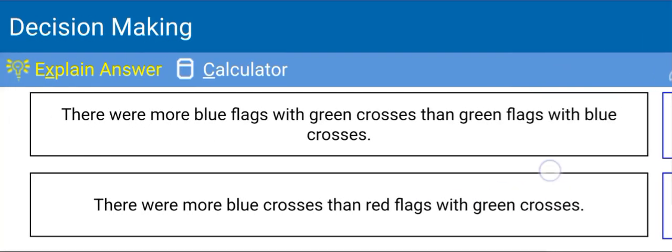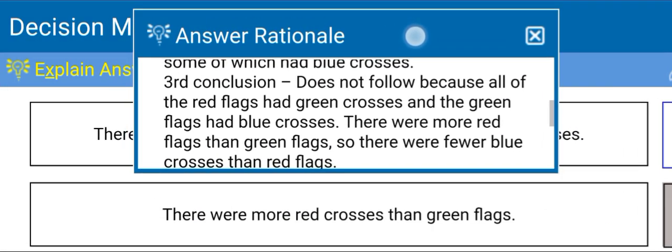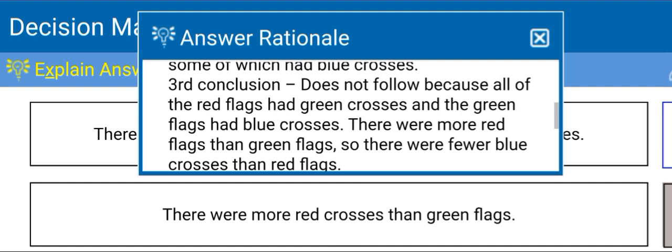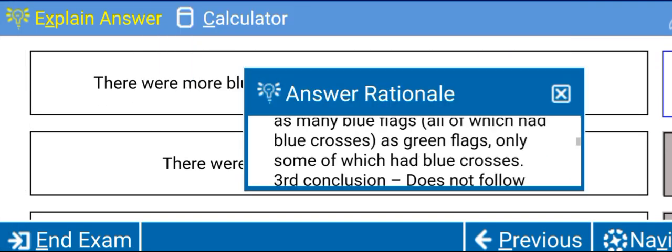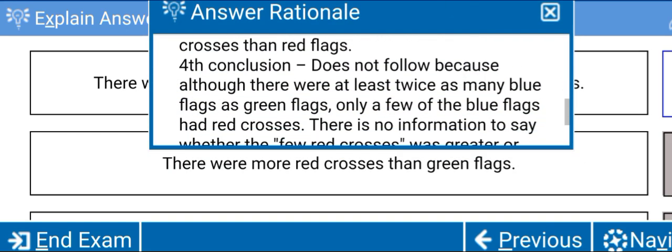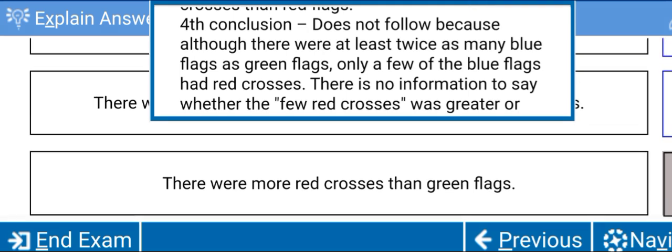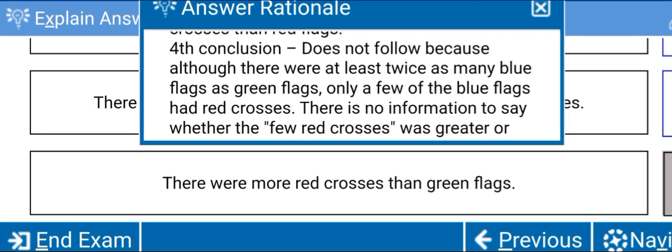And the fourth conclusion says there were more red crosses than green flags. It does not follow because although there were at least twice as many blue flags as green flags, only a few of the blue flags had red crosses.